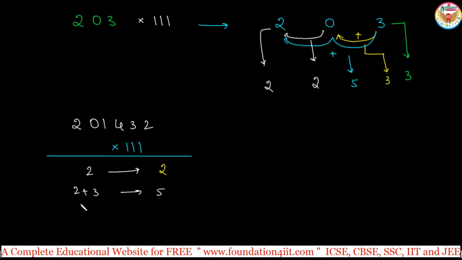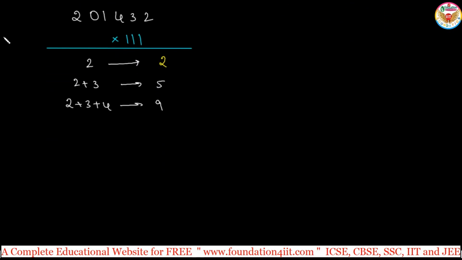Next, 2 plus 3 plus 4 is 9, because of 3 ones, you count up to 3 digits. Once 3 are over, start with 3: 3 plus 4 plus 1 is 8. Then start with 4: 4 plus 1 plus 0 is 5.